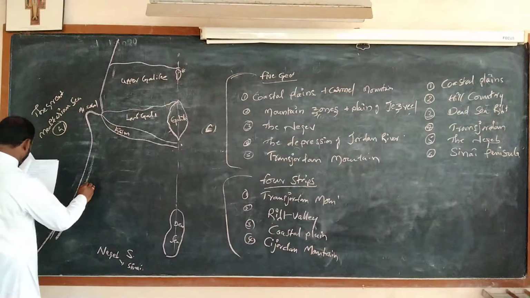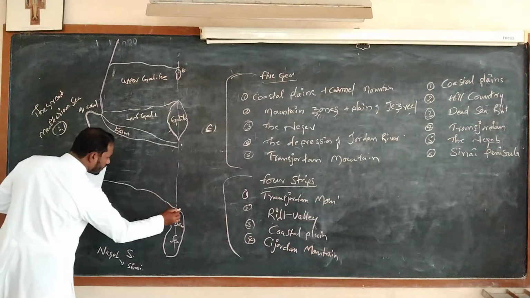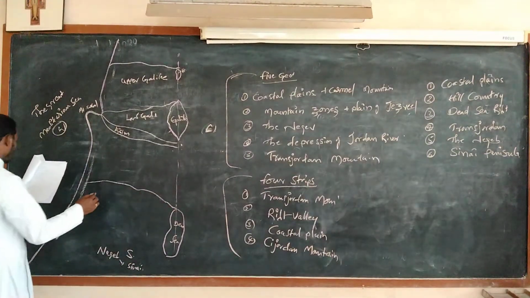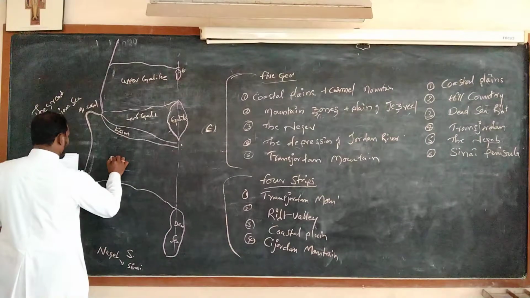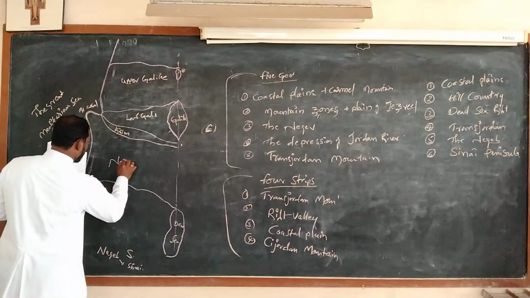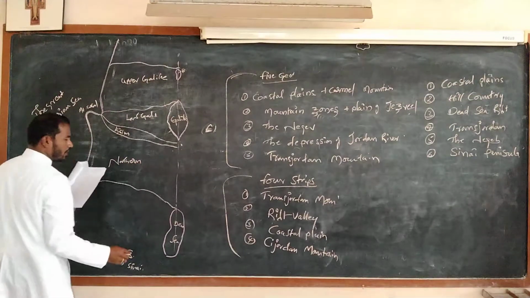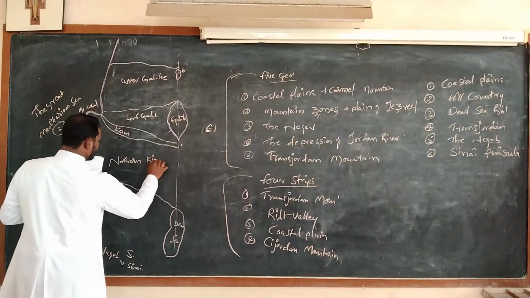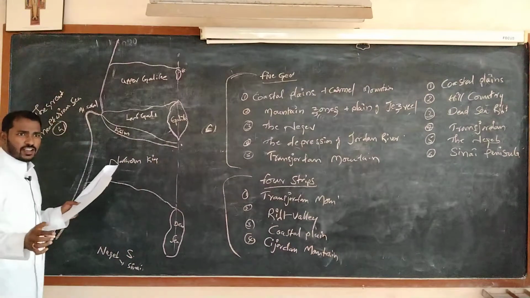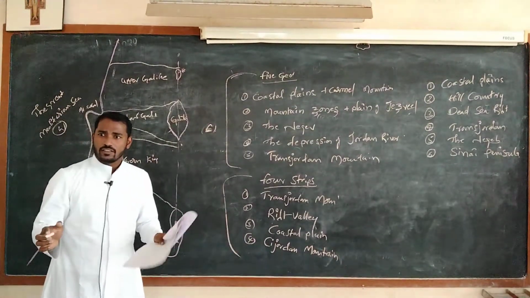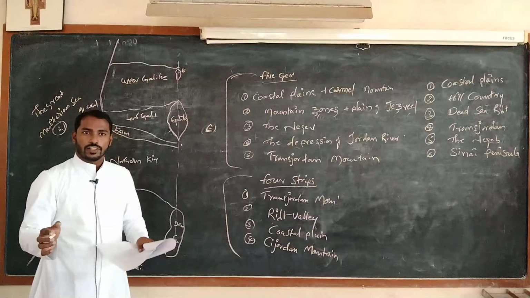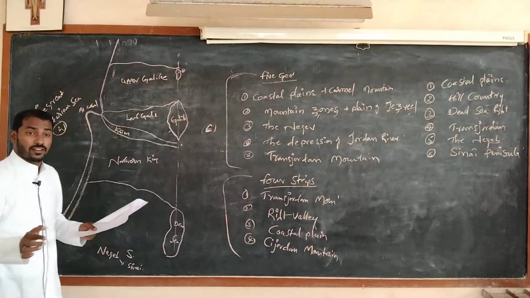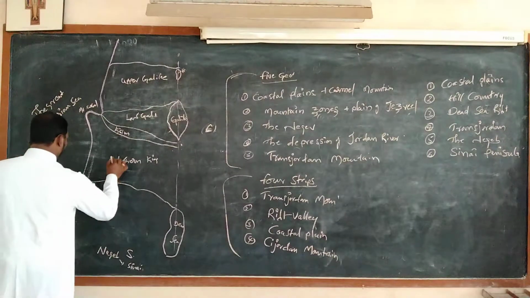So till the top of the Dead Sea is called Northern Kingdom. Northern Kingdom, what is the capital? In Northern Kingdom, Samaria, okay.